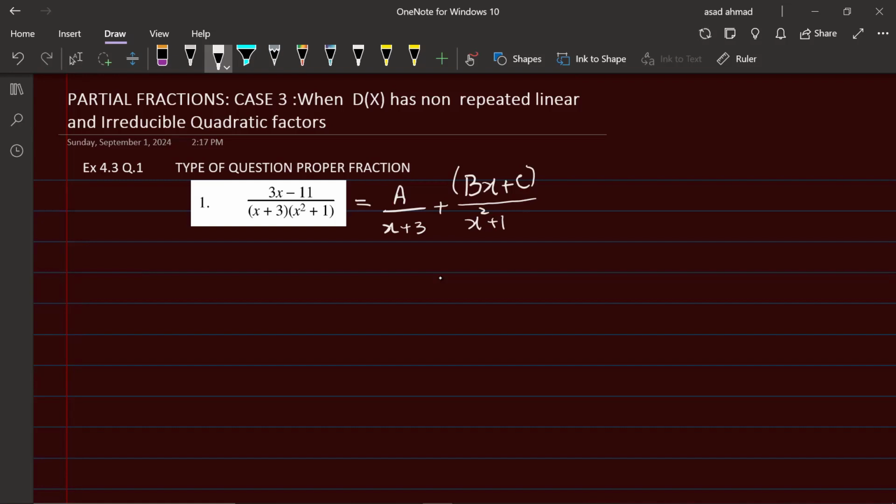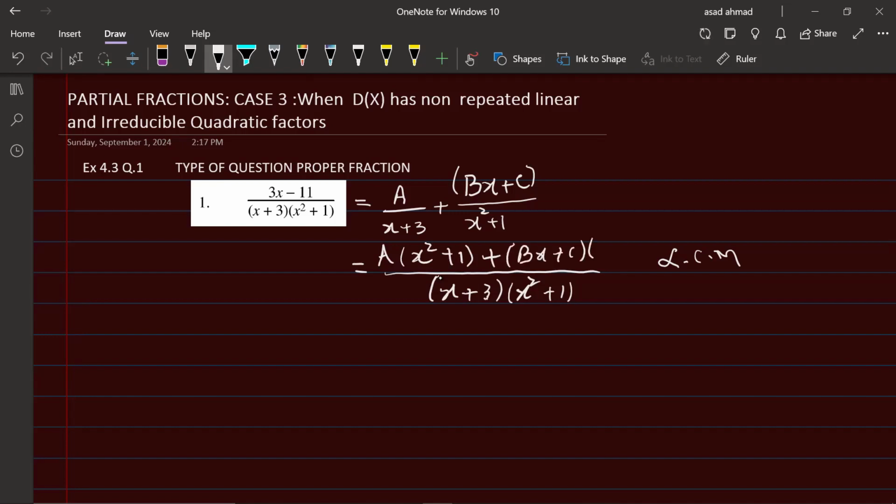Now the rest of the procedure is the same as we have done in the previous exercises, that we will first take up the LCM. The LCM will be x plus 3 times x square plus 1. The equation becomes a times x square plus 1, plus bx plus c into x plus 3.